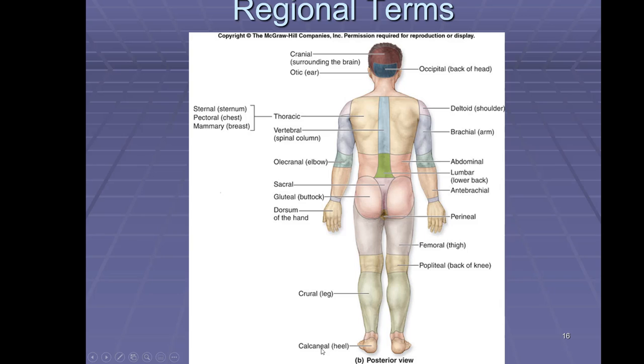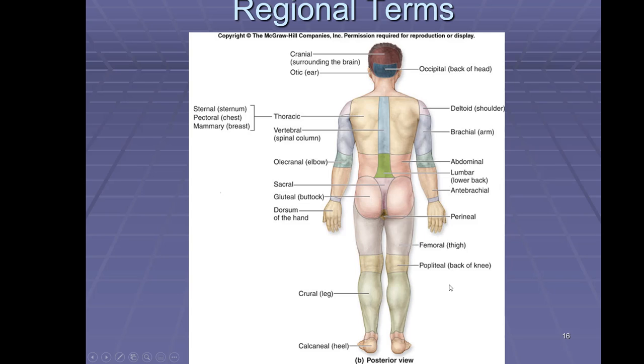Crural, again for the leg, or sural. Calcaneal, heel. Popliteal is the back of the knee. Femoral again. Perineal, right behind the reproductive organs. We did antebrachial. Lumbar means lower back. We did abdominal, brachial, deltoid. Lastly, occipital, kind of the back of the head or the base of the skull.